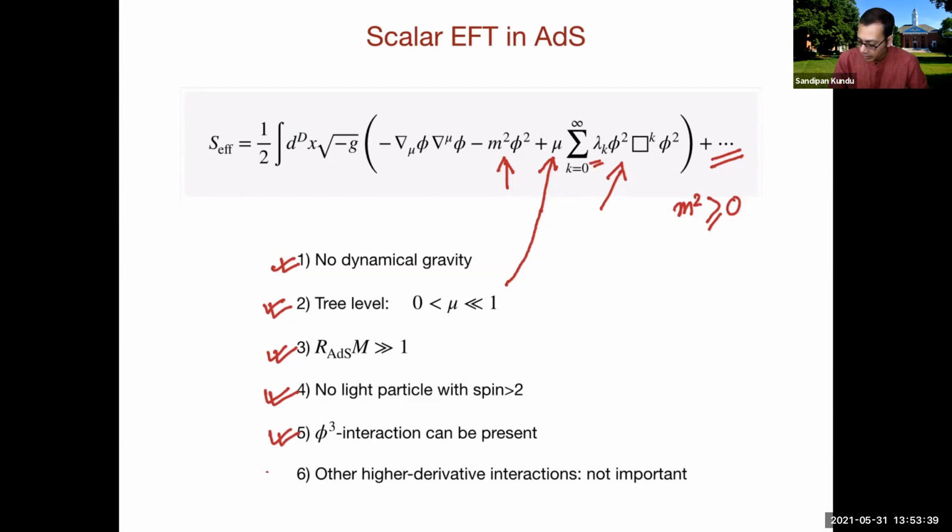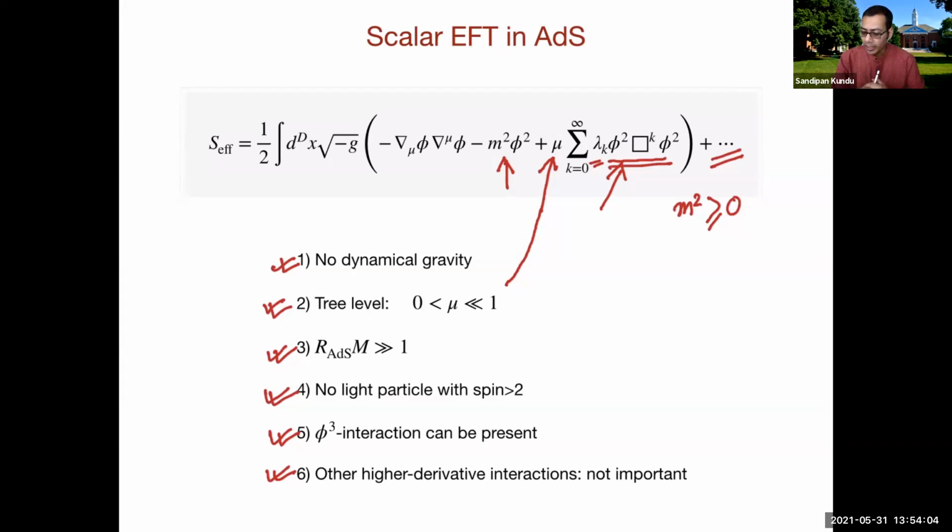And finally, I should make some comments about other higher derivative interactions. If you look at interaction terms with, let's say, 12 or more derivatives, one can show that there are other higher derivative interactions that one can write down, which are completely different from this kind of interaction.